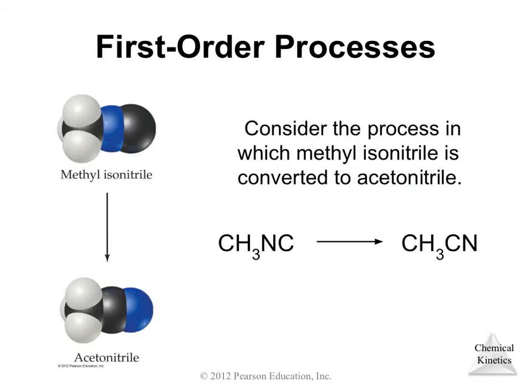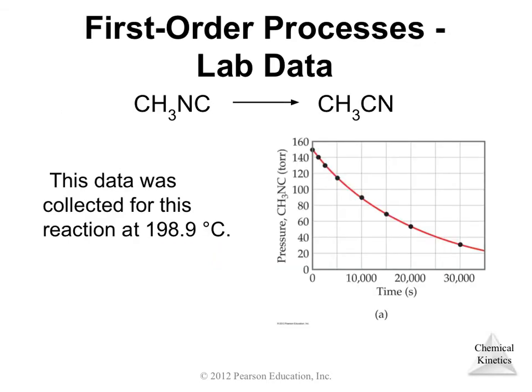So let's talk a little bit more about a first order process. So when we look at the process of converting methyl isonitrile to acetonitrile, so we've got CH3NC to CH3CN. So what's happening if we're looking is that our nitrogen and carbon, as far as the structure goes, have kind of swapped places in this reaction.